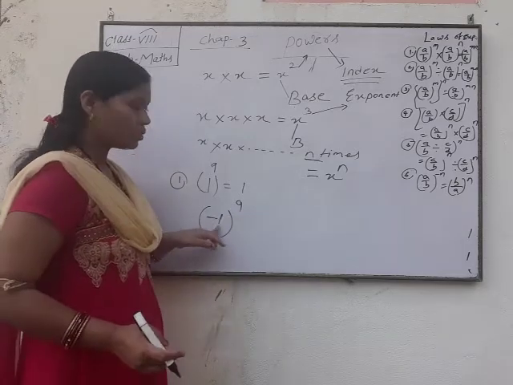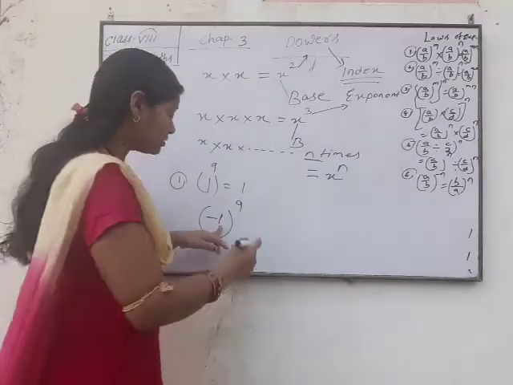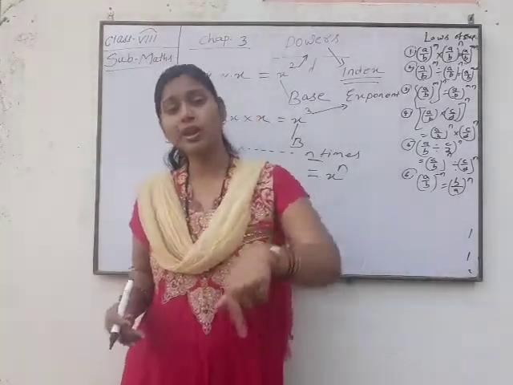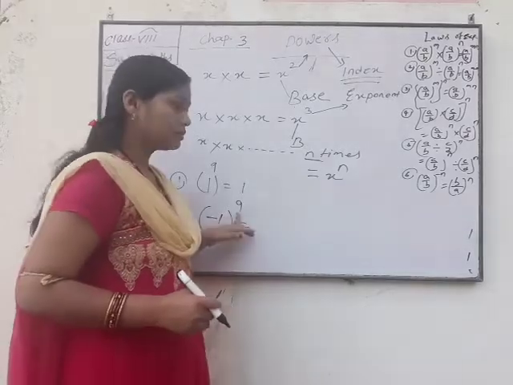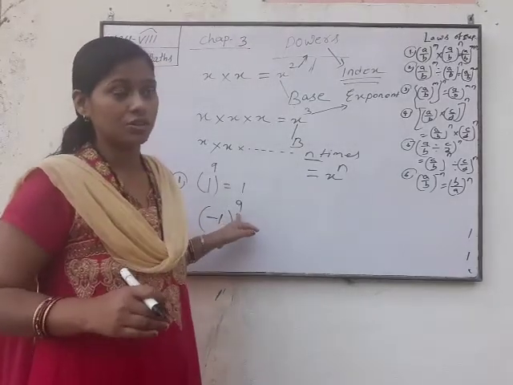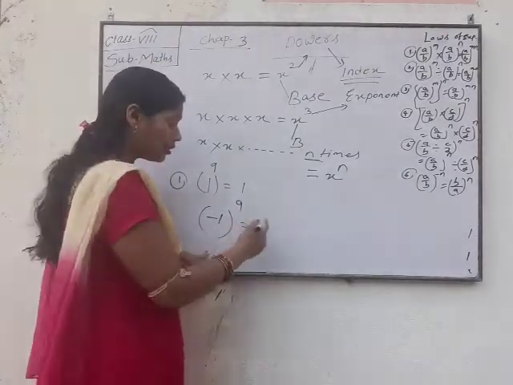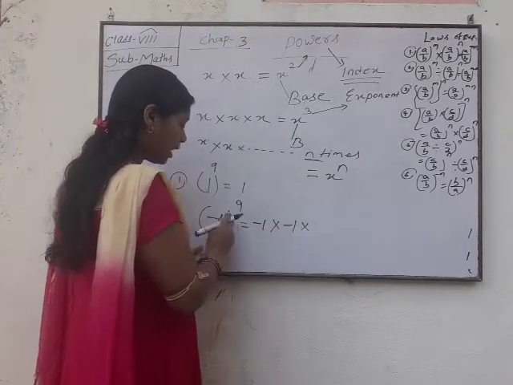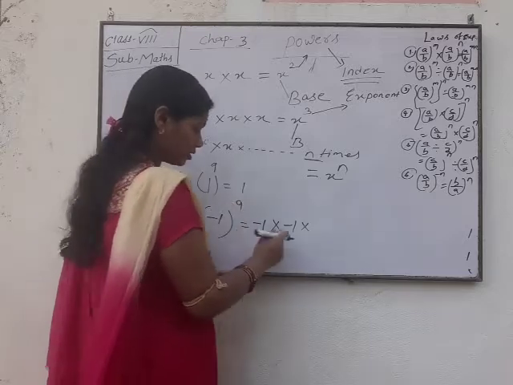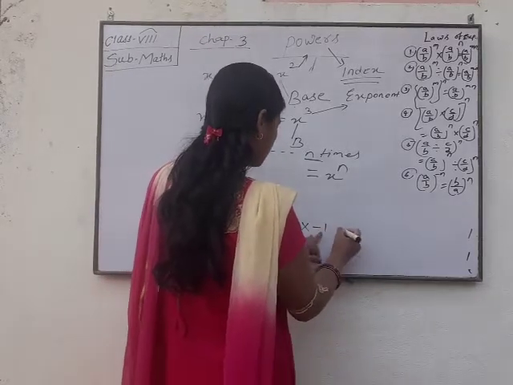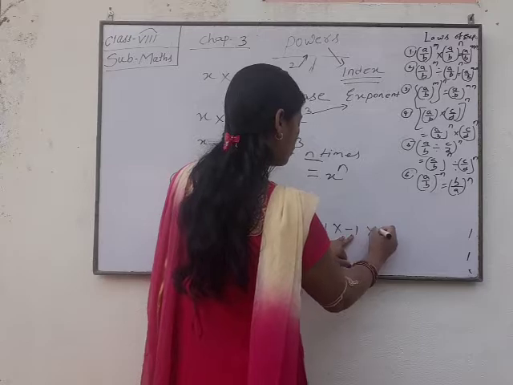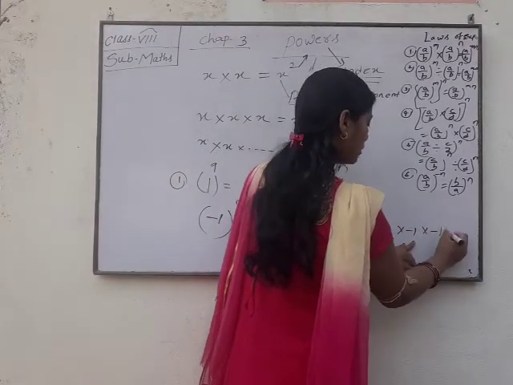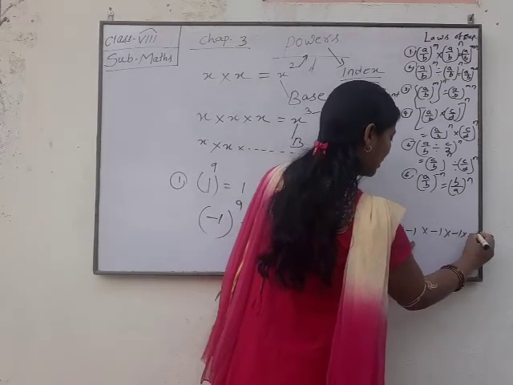This is a negative number. It means minus 1 is multiplied with minus 1 nine times. So what is the product? Look, minus 1 multiplied up to how many times? 9 times: 1, 2, 3, 4, 5, 6, 7, 8, 9.